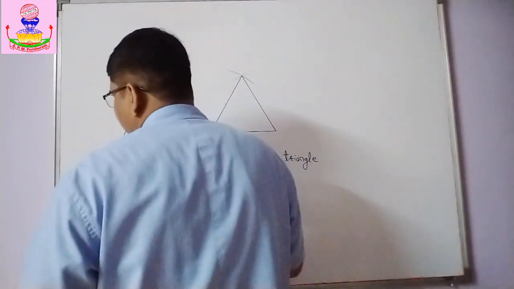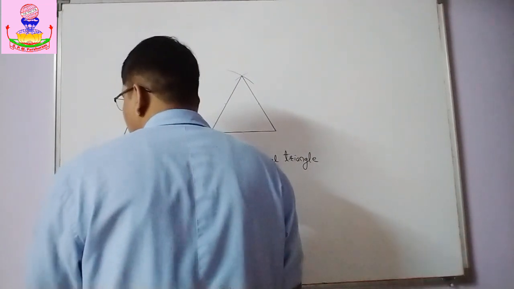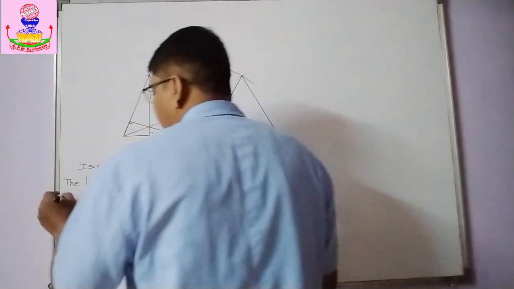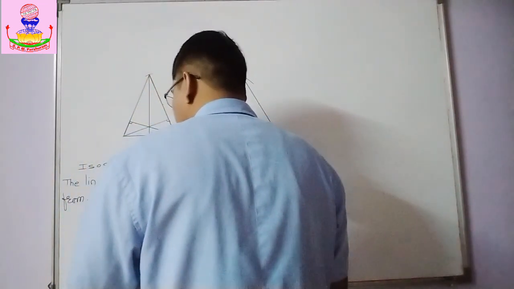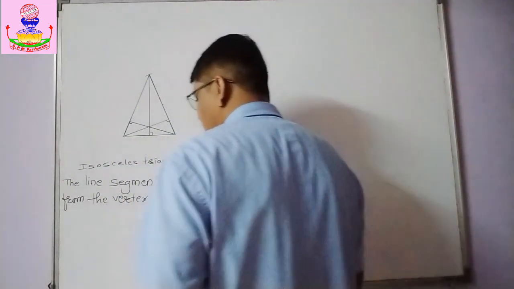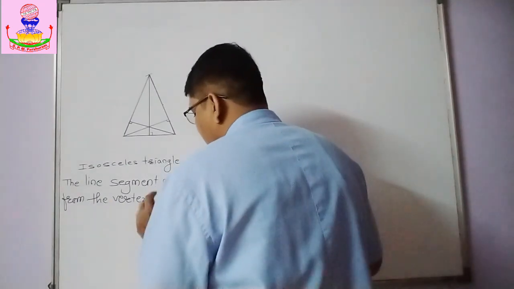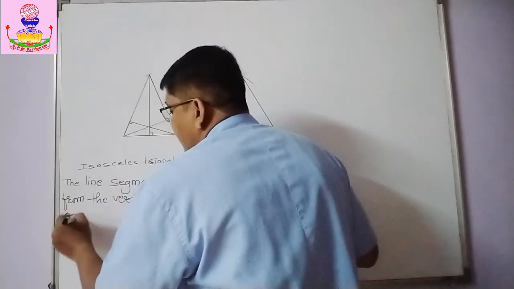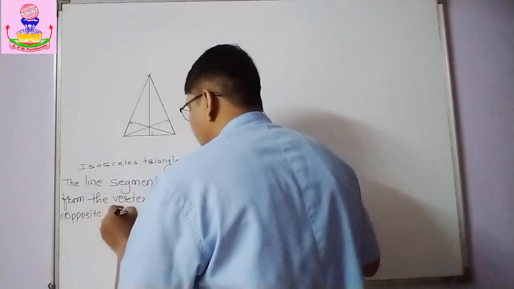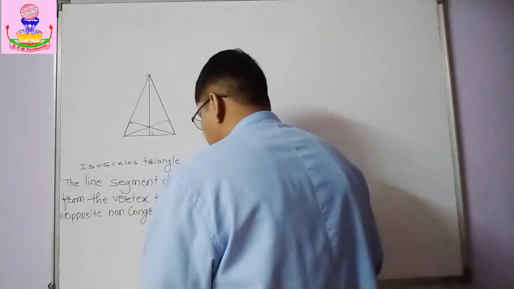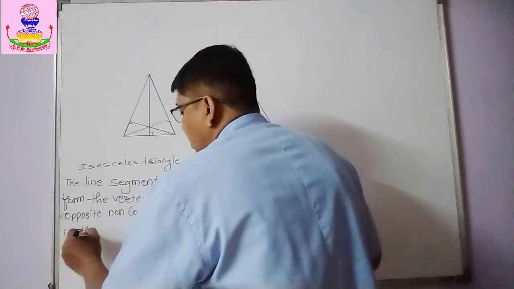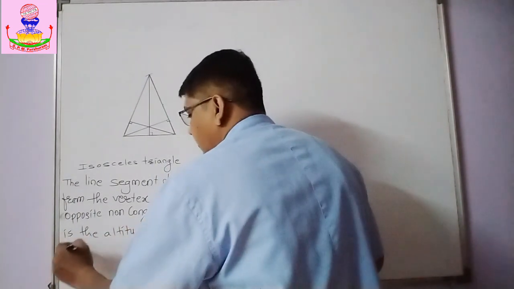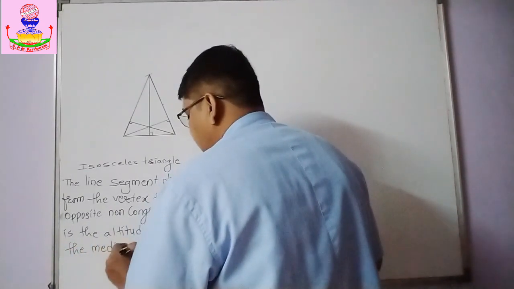So I will write here. Okay, the line segment drawn from the vertex to the opposite non-congruent side is the altitude as well as the median.